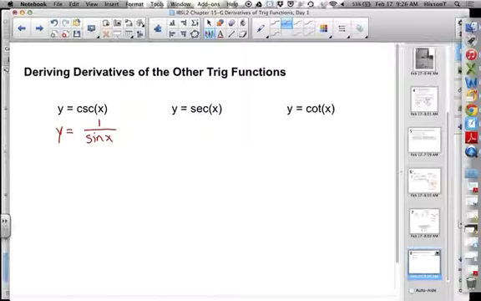So how could I rewrite this actually? Sine to the negative 1 of x. Okay? That would be easier than, it's always easier to use the chain rule than it is to use the quotient rule. Okay? So if you have 1 over something, change it to a negative exponent.